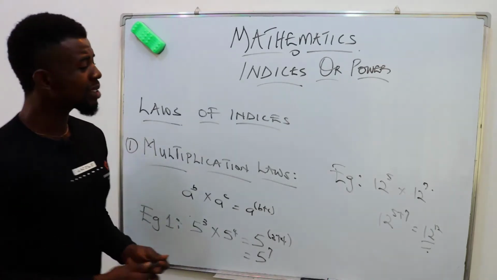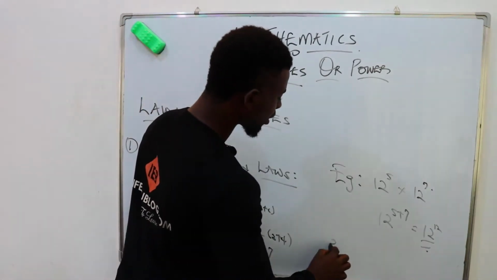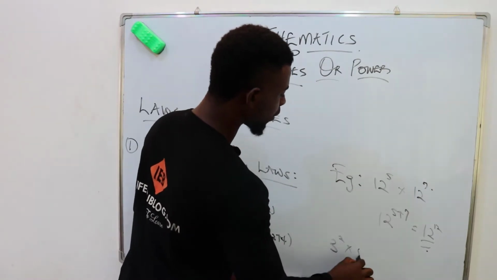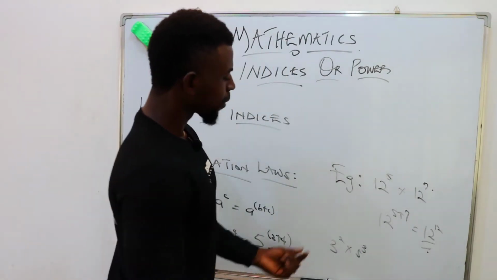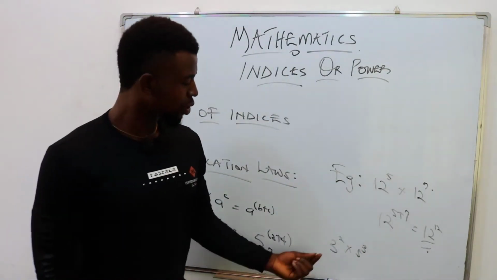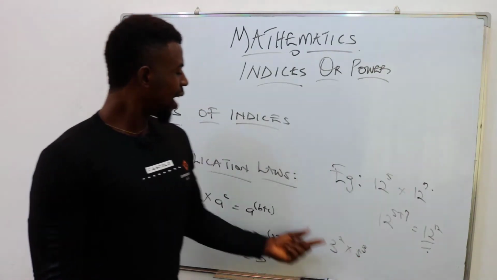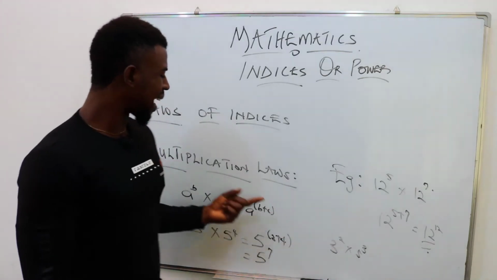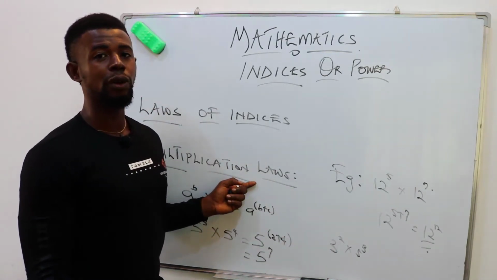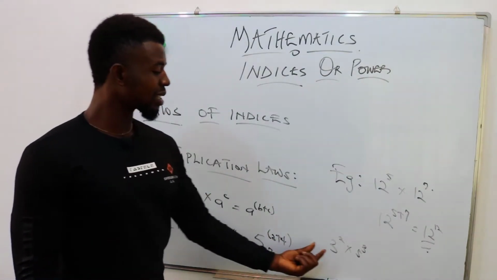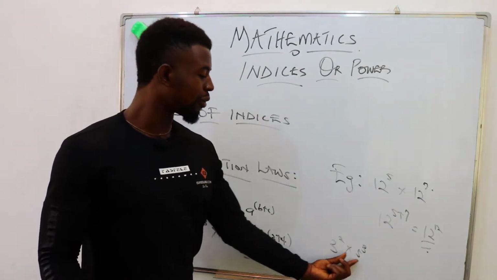So what does it mean? It means that if I have something like 3 raised to the power 2 times 5 raised to the power 3, if you look at these two indicial expressions, my base here is 3, while my base here is 5. For these expressions, I cannot apply this multiplication law, since this law is applied only to indicial expressions of the same base.